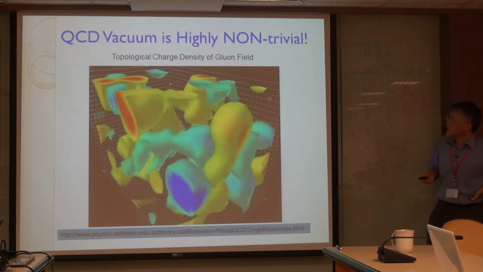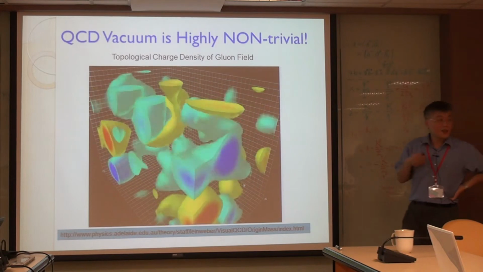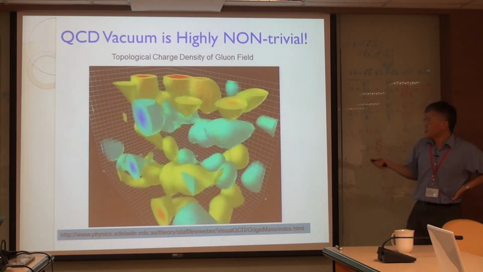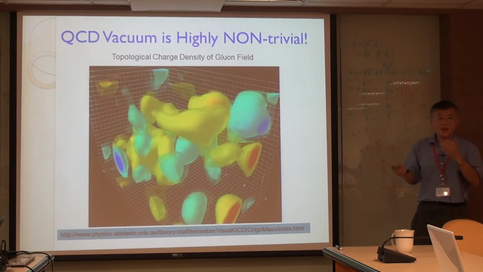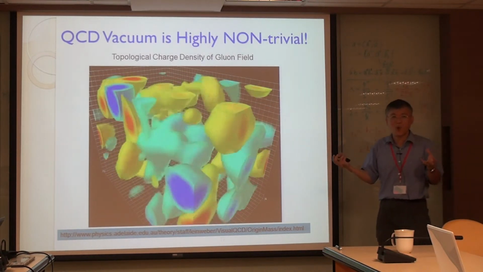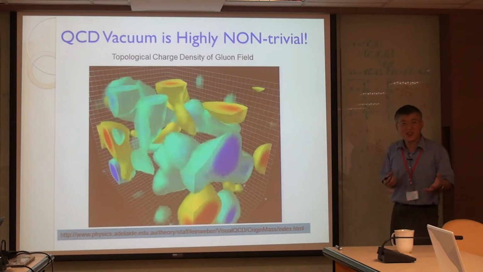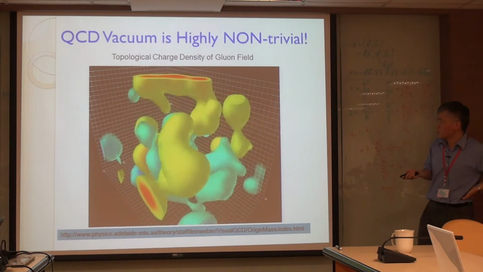And how does this sea quark come out? This is kind of the QCD vacuum. So the valence quarks inside the proton are not something like a static ball sitting there. They actually interact with each other very strongly through the gluon.